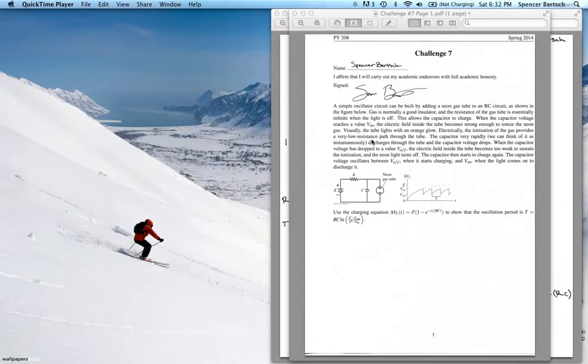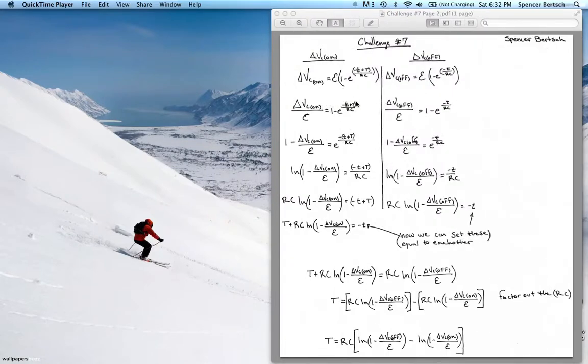So the question asks us to use the equation, which we know from learning it in class, that delta VC, the potential difference across the capacitor at time t, is equal to E times 1 minus e to the negative t over RC, and show that the period of oscillation is T equals RC natural log of this. I started off by breaking it up into two parts: delta V capacitor on, and delta V capacitor off.